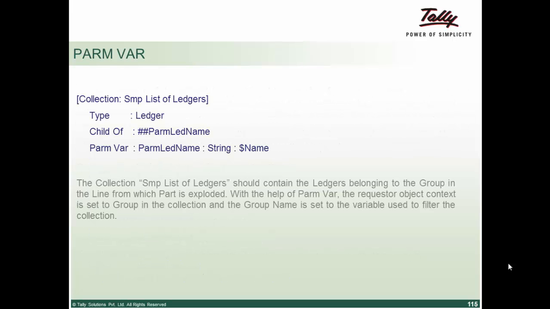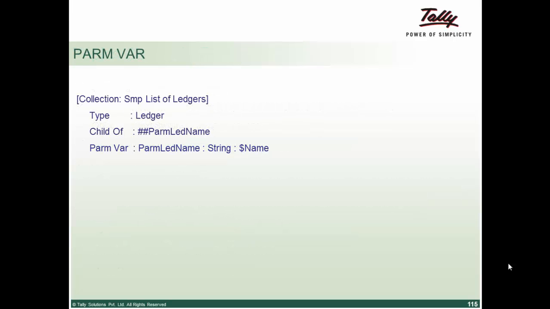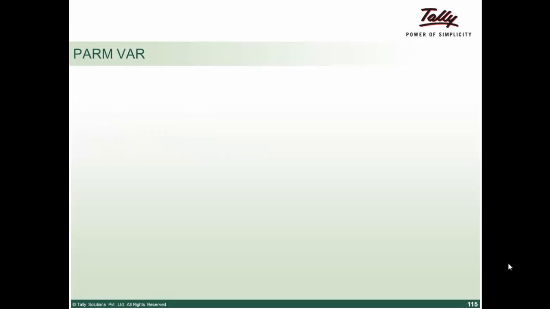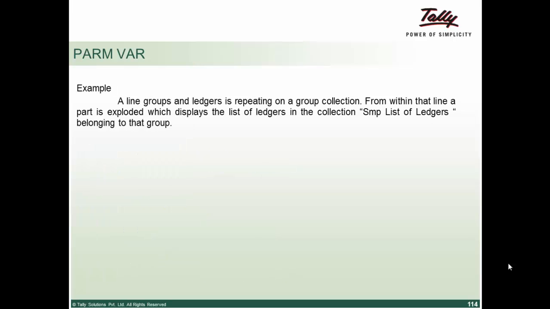Basically, parm var is required when the values need to get evaluated on the remote Tally. We need to evaluate certain values, and when we call the function, it again comes back to the server for evaluation. So to avoid these kinds of request responses being sent to the server is why parm var was introduced.